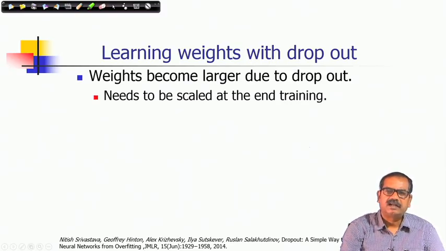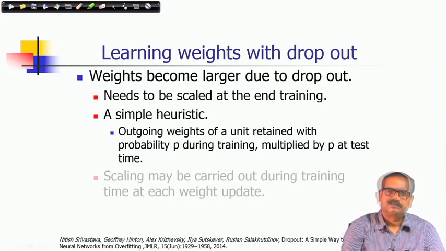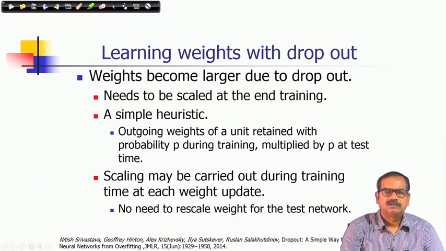So, you need to scale down the weights at the end of training, and there is a simple heuristic: if the outgoing weights of a unit are retained with probability p during training, then you should multiply by p at test time. Or you can consider this operation during training itself at each weight update, and then you do not need to do it at test time, so you can use the same weights as you learned.